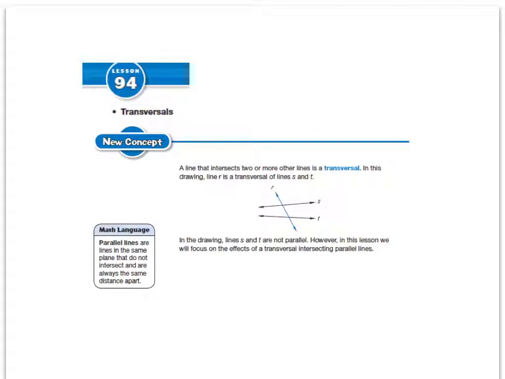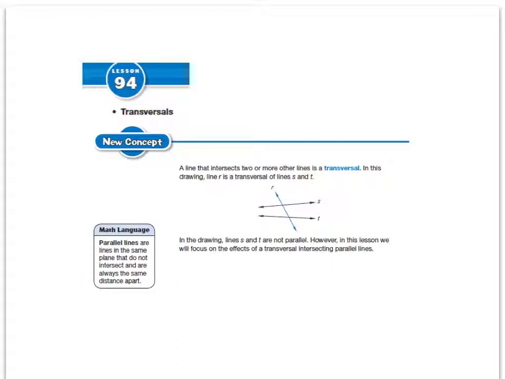And just as a reminder, over here in our little concept box, in our math language, we're noting that parallel lines are lines in the same plane that do not intersect and are always the same distance apart.